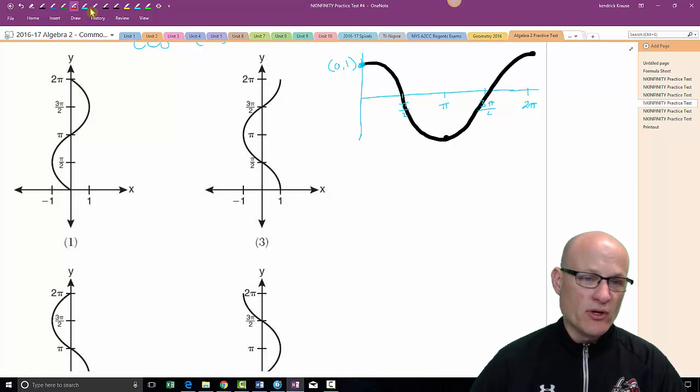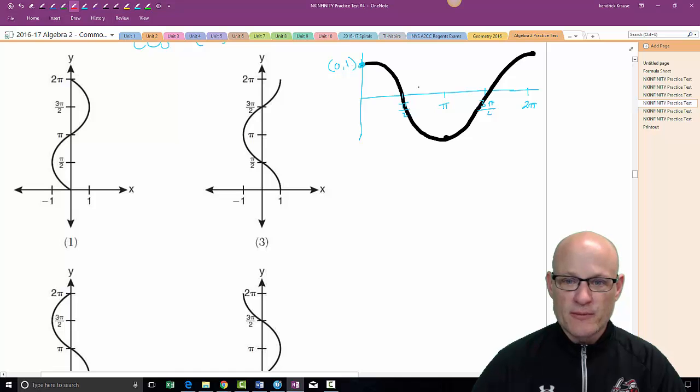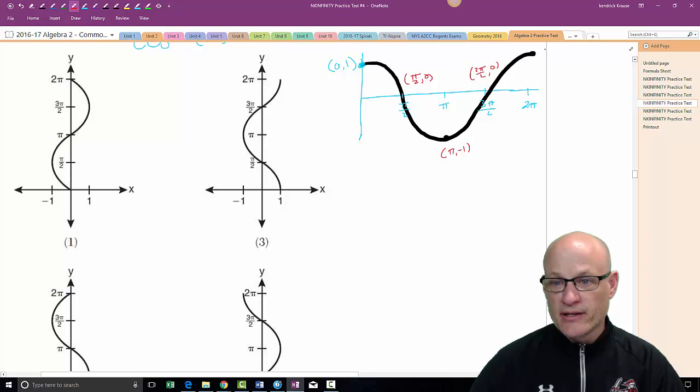So the reason I'm doing this is because this is the point 0, 1. This is the point pi over 2, comma 0. This is the point pi, negative 1, 3 pi over 2, 0, and 2 pi, comma 1.